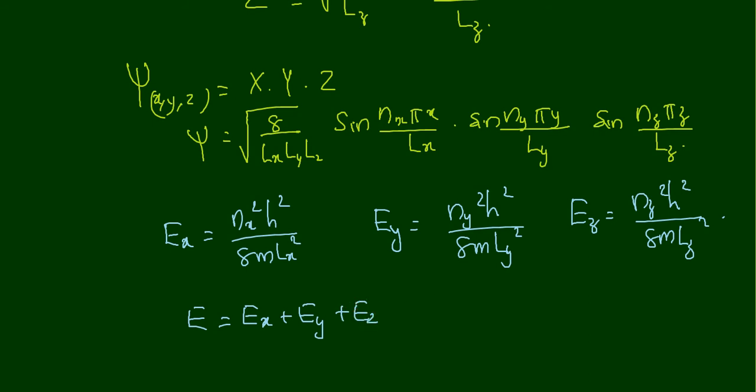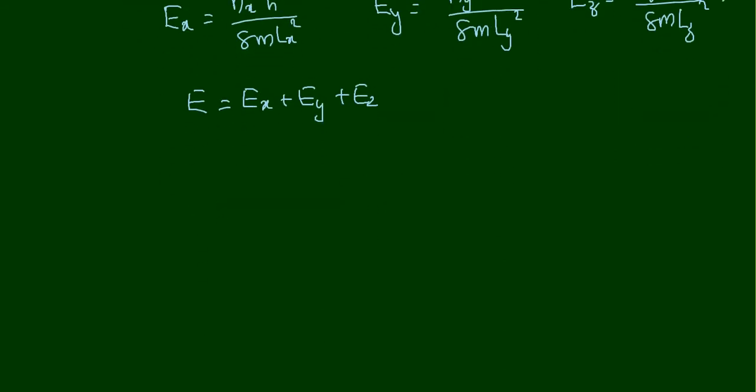So we can write the total energy of the system, the particle in the rectangular box, E is equal to Ex plus Ey plus Ez. So what is the common factor here? h square divided by 8m is the common factor, right?